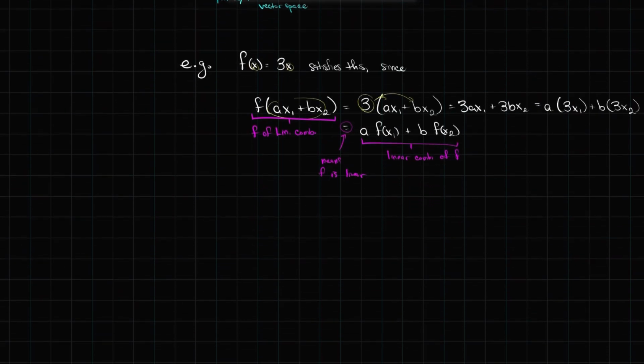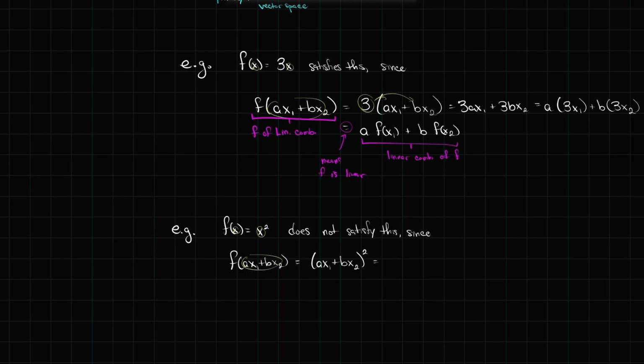Let's see an example of a function that's not linear. f of x equals x squared does not satisfy this, since f of a x1 plus b x2. What does it mean to evaluate f on some of these? This is just a x1 plus b x2 squared, which I can FOIL. Maybe I'll write it out, make it explicit for everybody, but then FOIL.